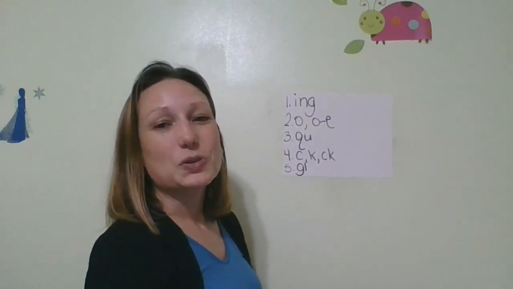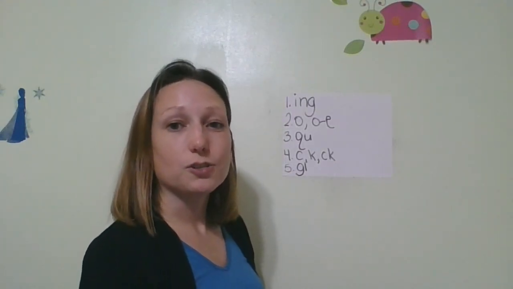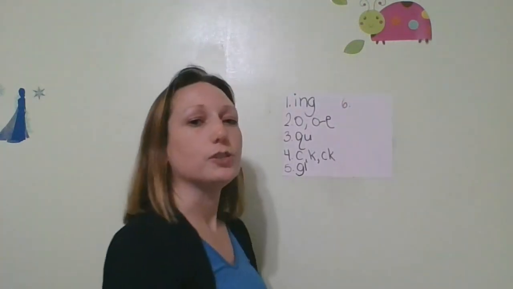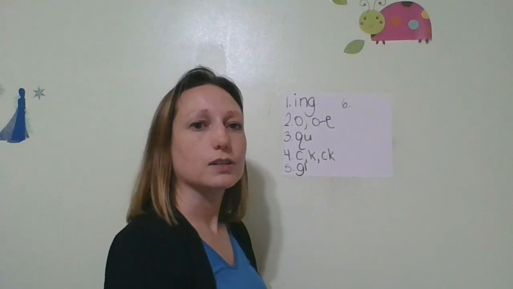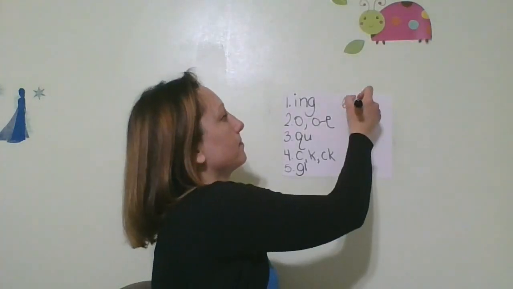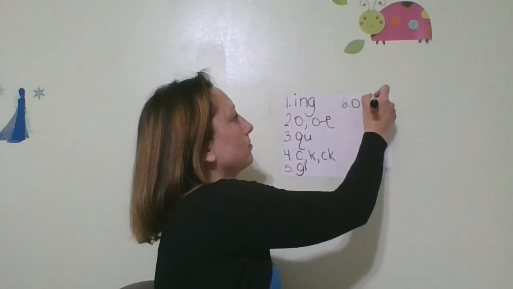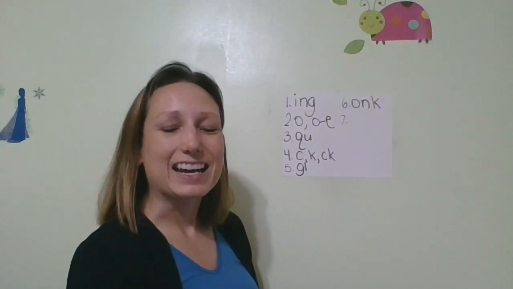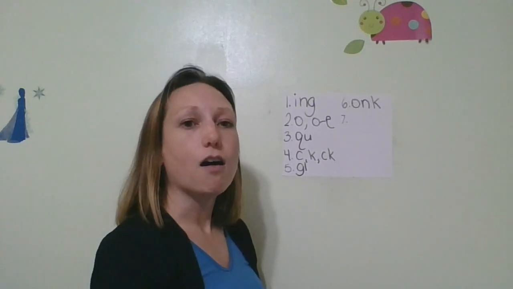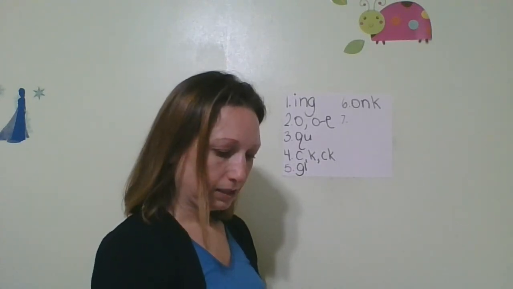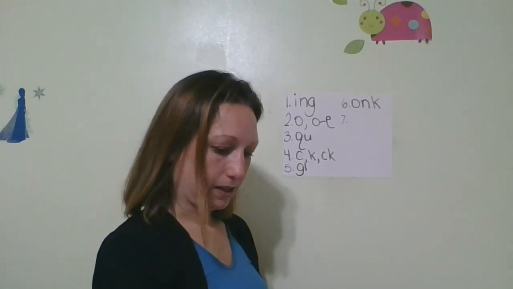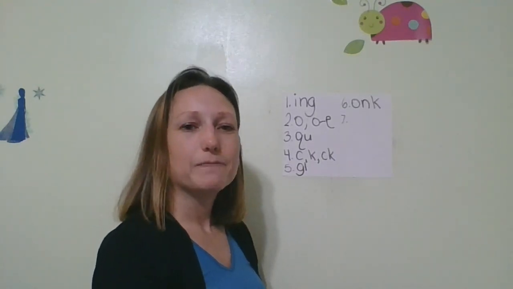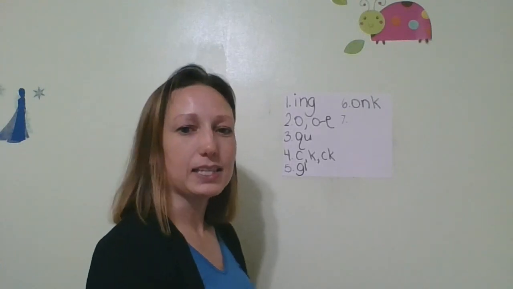Number 6, 1 way to write the chunk that you hear in honk. What chunk do you hear in honk? We hear O-N-K, onk, in honk. Number 7, 1 way to write the blend in skip.